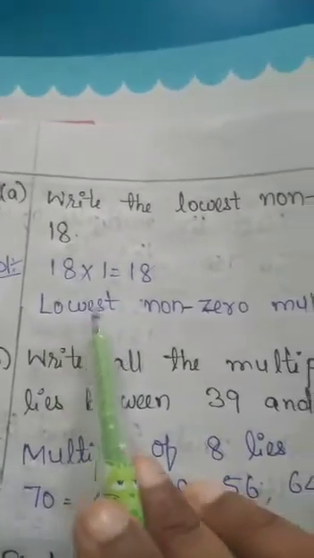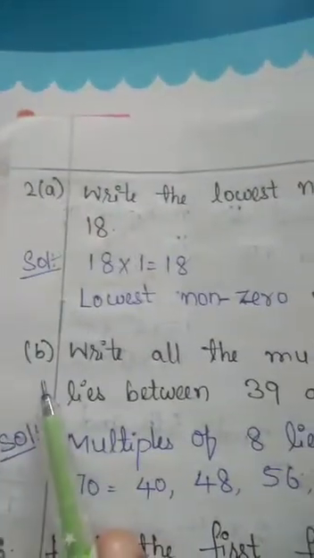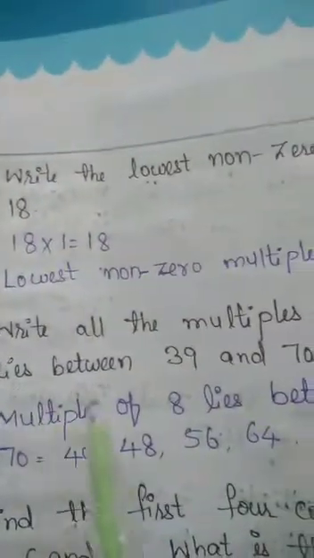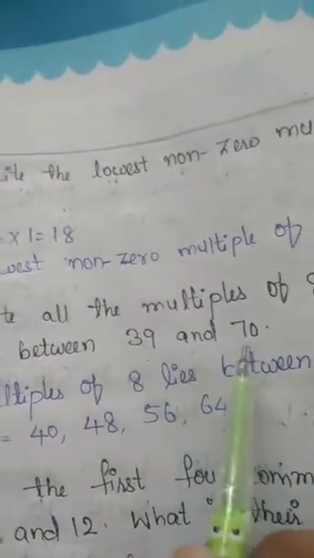Write the lowest non-zero multiple of 18. So 18 ones are 18. So the lowest non-zero multiple of 18 is 18. Okay, second one, B. Write all the multiples of 8 which lie between 39 and 70.